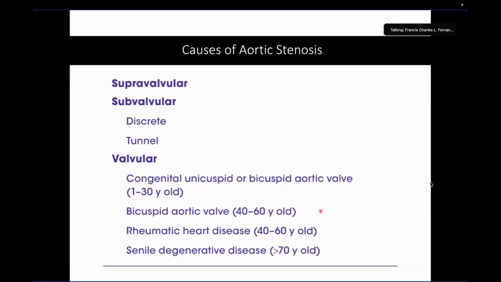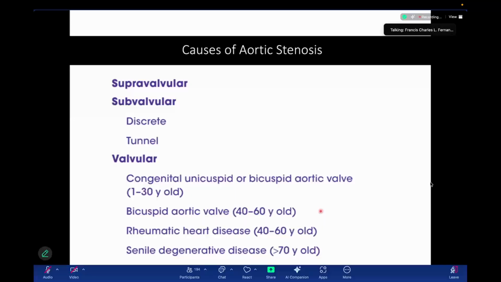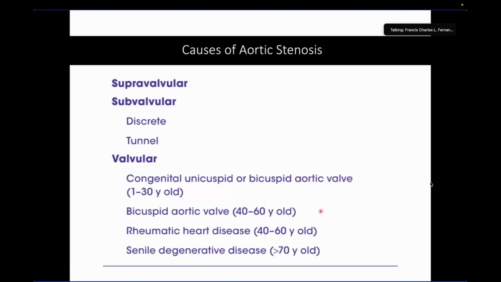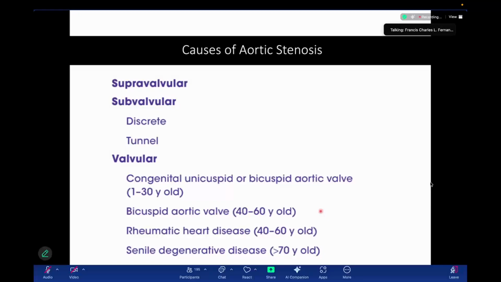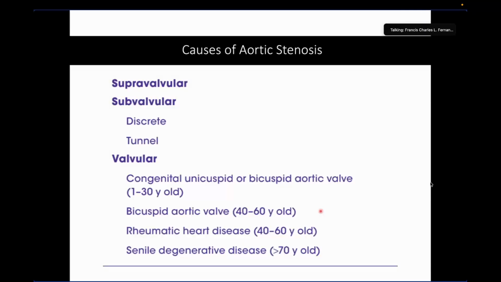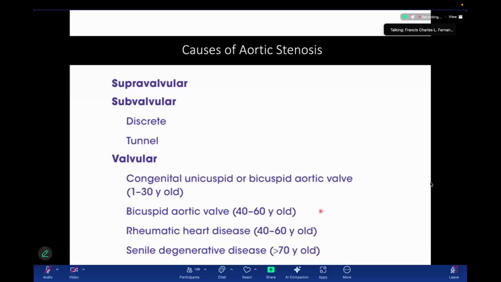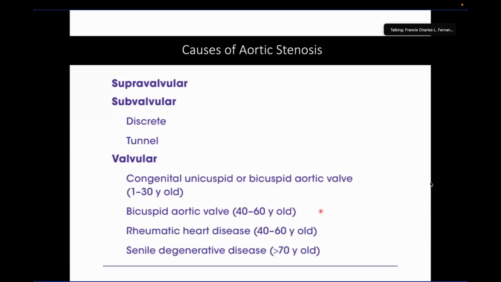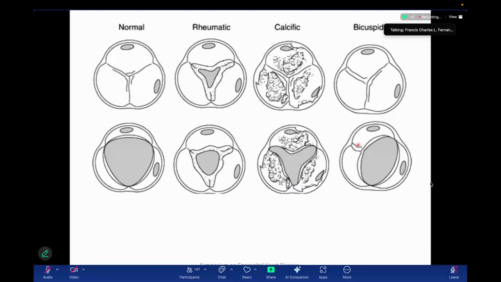The trend is you're seeing younger patients with senile degenerative disease. Mainly for the acquired, it would still be rheumatic in our country, and we still have the congenital comprising the younger population.